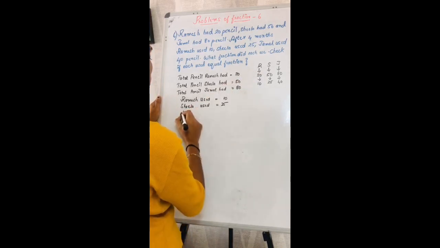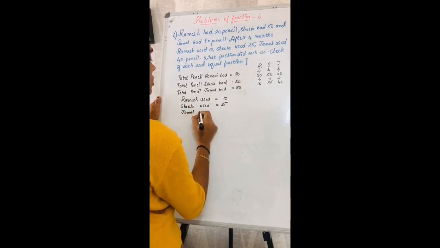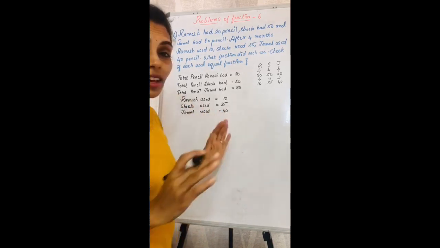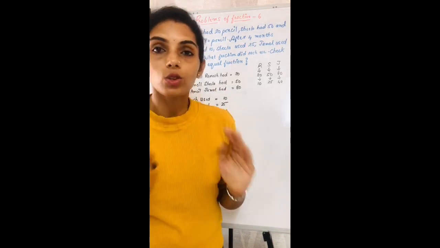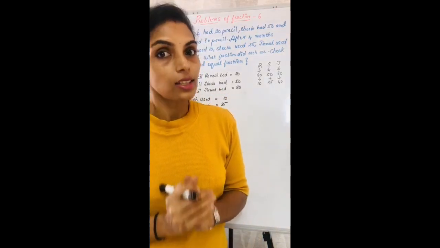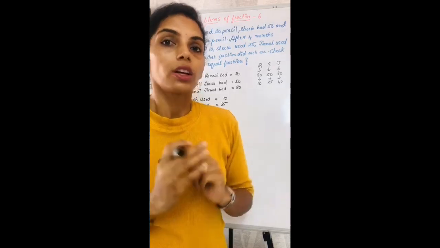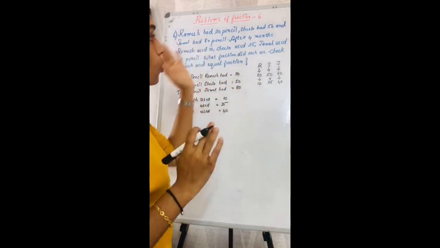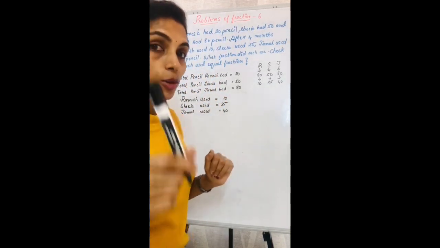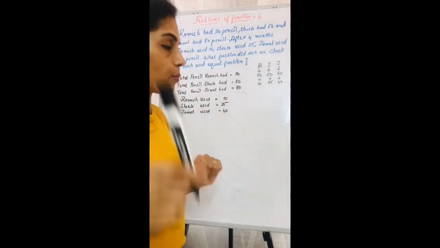And then Jamal used is 40. See, now when you frame sentences, you don't have to learn by heart what is given in your note, because it will be difficult for you to recollect. So you can quote your own sentence which you get from the question itself. That will be easy for you. That's one of the tips. Okay.